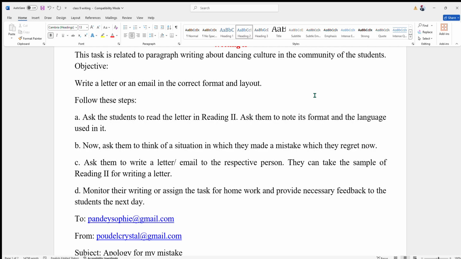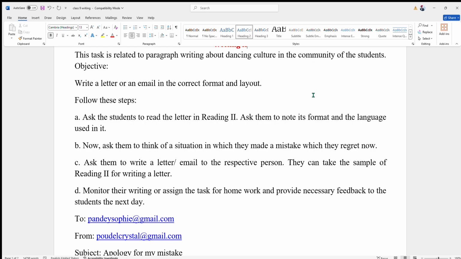The objective of this lesson is to write an email letter related to dancing culture. Follow these steps. Ask the students to read the letter in the reading section. Second, ask them to note its format and the language used in it.